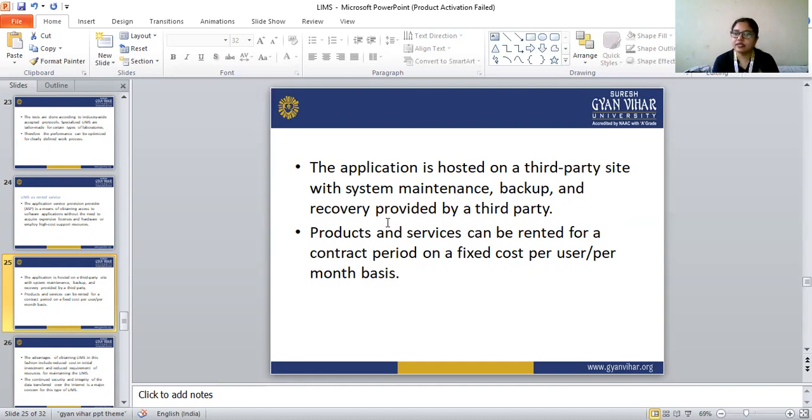The product and services can be rented for a contract period on a fixed cost per user or per month basis.